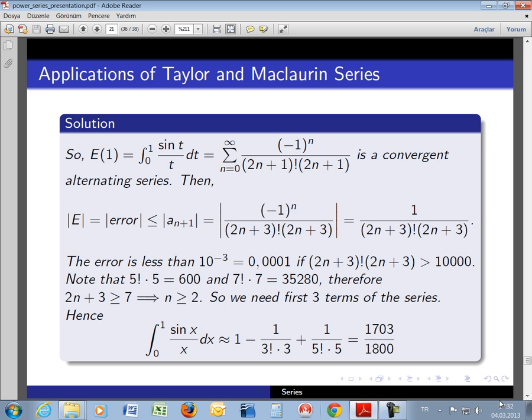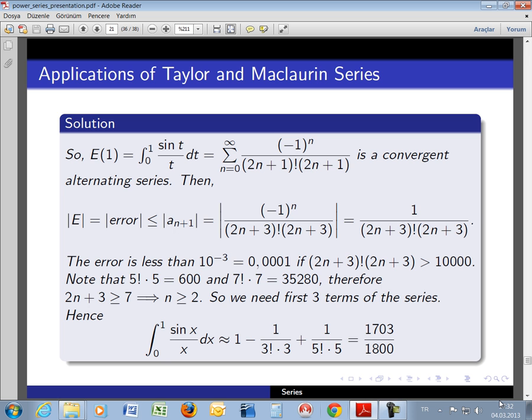This is an alternating series, and we know how to compute an alternating series with some error, where the computation is done here. It seems that if n is larger than or equal to 2, that is, if we use the first three terms of the series, we can approximately compute the integral from 0 to 1 of sine t over t.